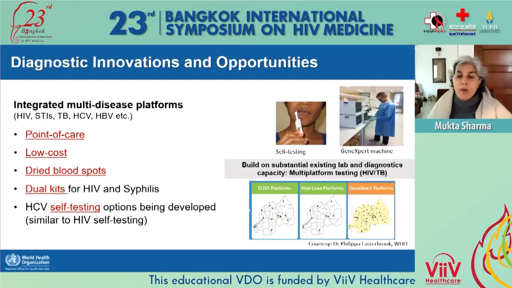We've seen that there are self-testing approaches now which allow integration as well. We are talking about self-testing for hepatitis C as well as HIV. We have dual test kits for HIV and syphilis now, which can be used across programs. And we also have the use of dried blood spots, which allow us to look at hepatitis B, C, and HIV, and ensure early diagnosis as well as integrated diagnosis across diseases.